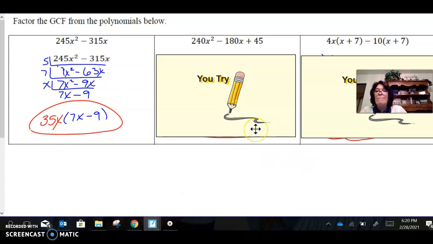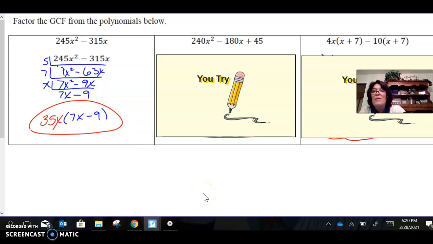So we first noticed that 5 could be taken out of both. And then we got a 7x squared minus 63x. Then we tried a 7, and got 7x minus 9.